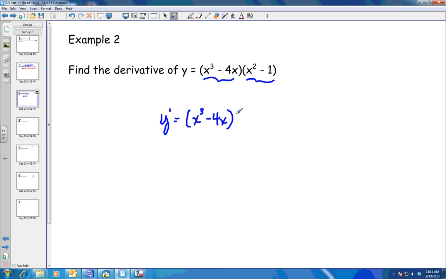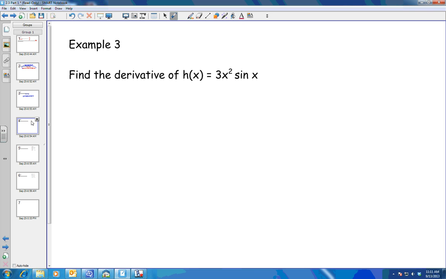So first term times the derivative of the second, which would be 2x, plus my second term, x squared minus 1, times the derivative of the first, 3x squared minus 4. Okay, and unless I tell you otherwise, you can leave it just like that.